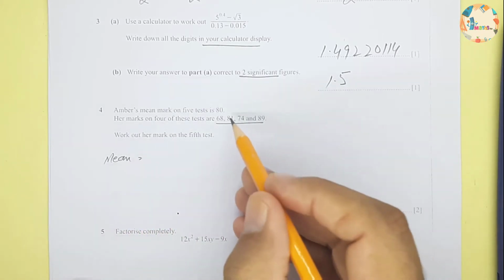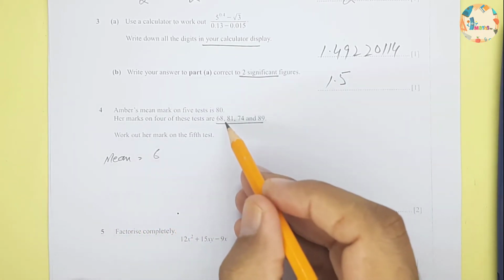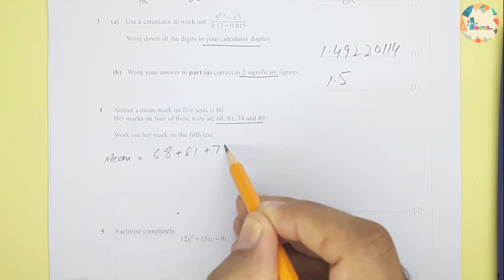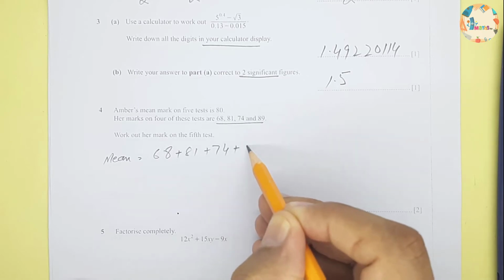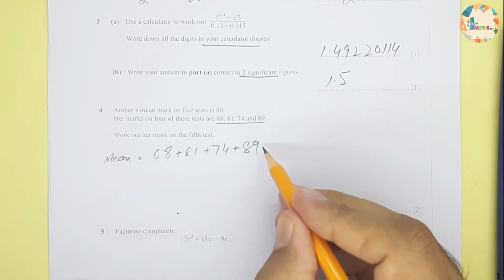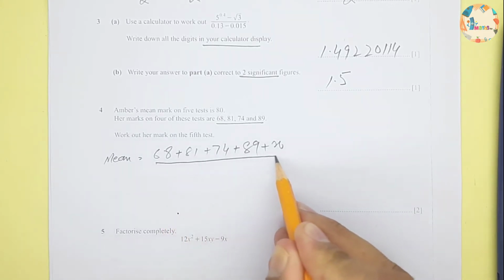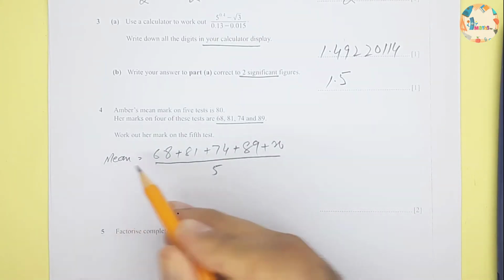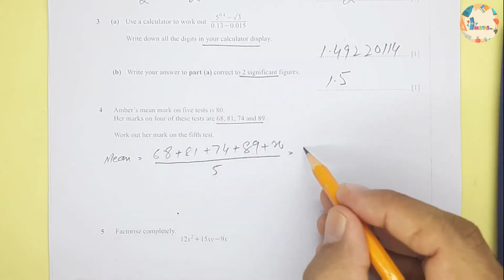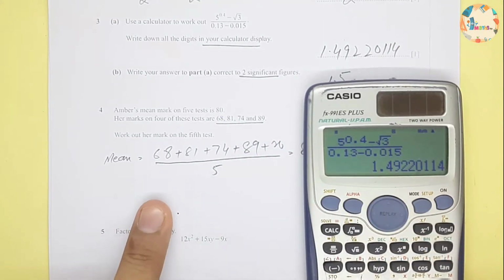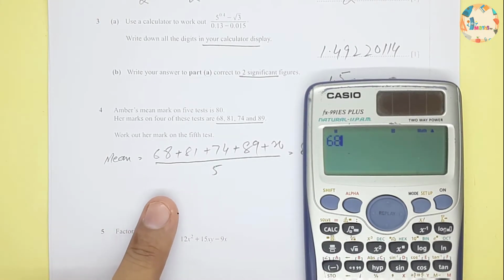Mean is equal to the sum of these numbers, which is 68 plus 81 plus 74 plus 89, and plus the 5th one we can consider as x, divided by 5. This will be the mean, which is given as 80, so we can write equal to 80. Now we'll have to add these 4 numbers, 68 plus 81 plus 74 plus 89.